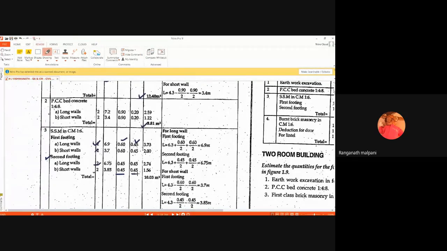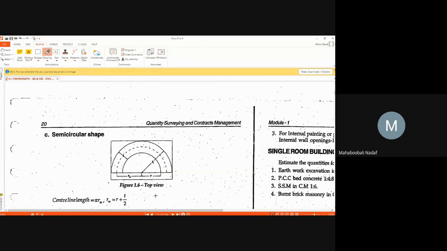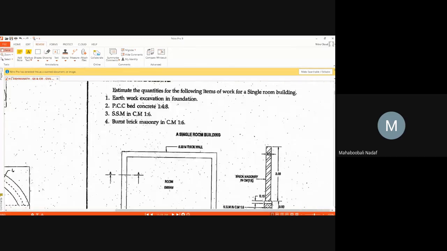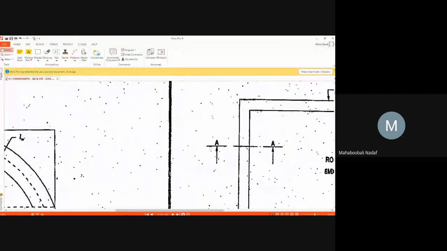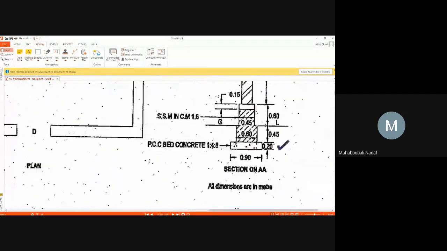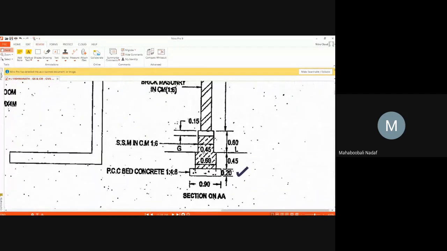When you see this one, you will get confused. Let me enlarge it and explain. Width is 0.45, that is clear. But the height, can you see?